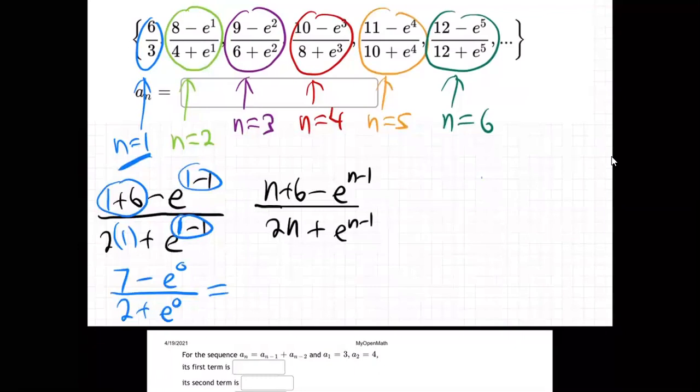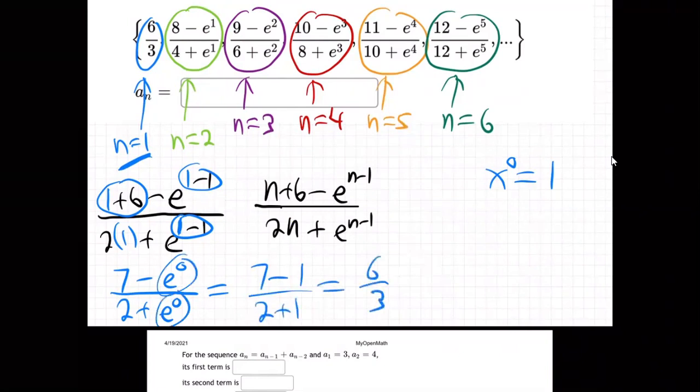Any number, let me just call it x. Any number to the 0 power is 1. Do you remember that? So this is 7 minus 1 over 2 plus 1, which is 6 over 3. Beautiful, which is what it's supposed to be. The formula's working perfectly. It's just that e to the 0 is 1, top and bottom.